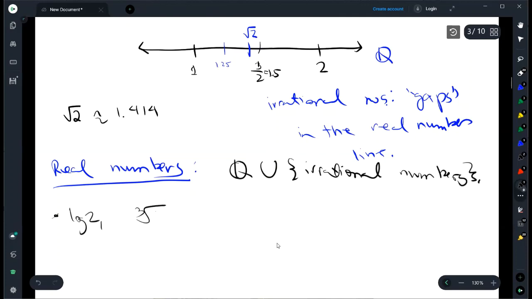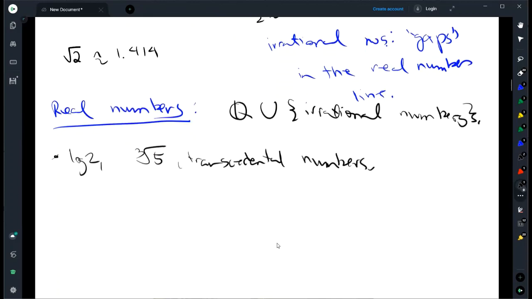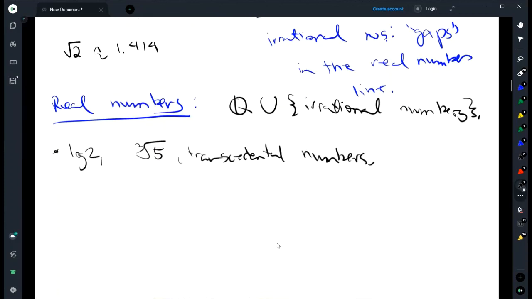And we can also have the cube root of, let's say, 5, which is not a square root. So you have transcendental numbers as well. So what we need to do is to describe the set of real numbers that encompasses all sorts of irrational numbers.